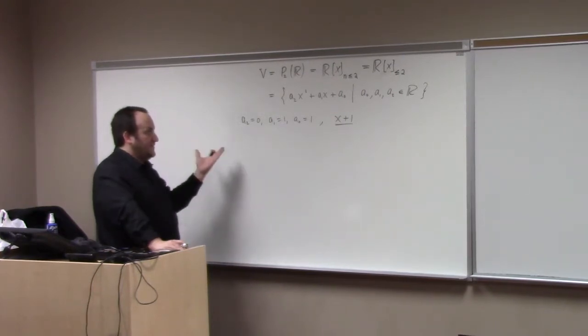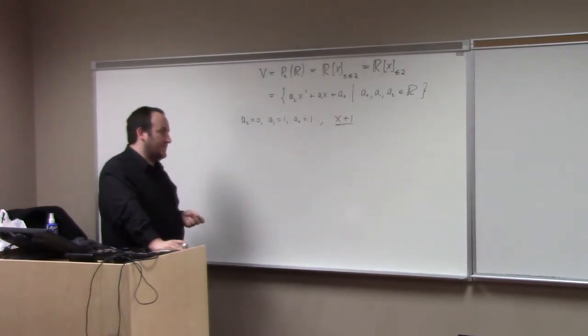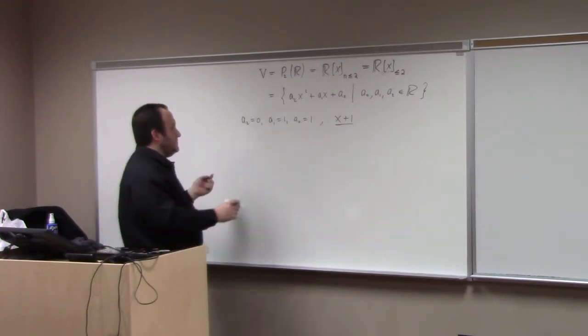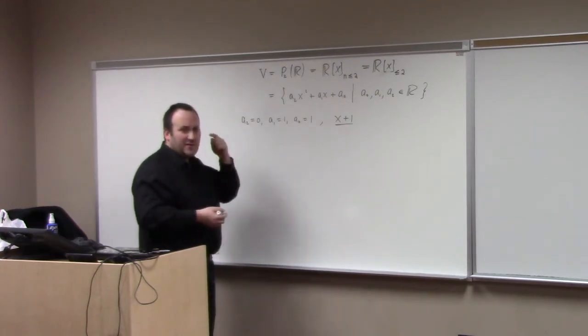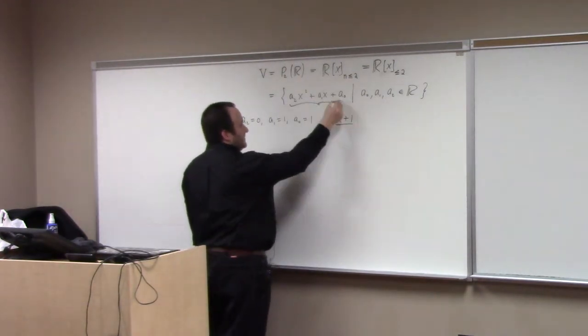So the vector addition and the scalar multiplication is just what you'd expect. We add polynomials like usual. We scalar multiply polynomials like usual. Also, we can think of these as polynomial functions, I mean, we can think of this as f of x.